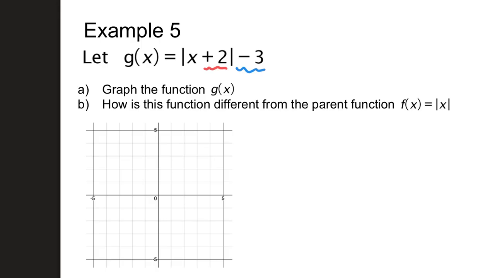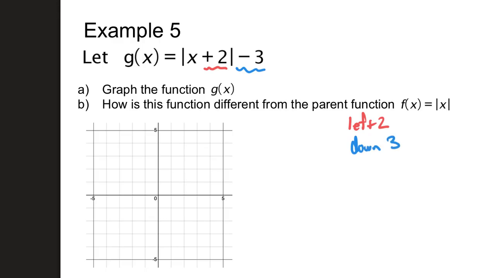So we have 2 different numbers, and we're going to have 2 different transformations. That means if we put it all together, the new graph, g of x, will be moved to the left 2 units and down 3.